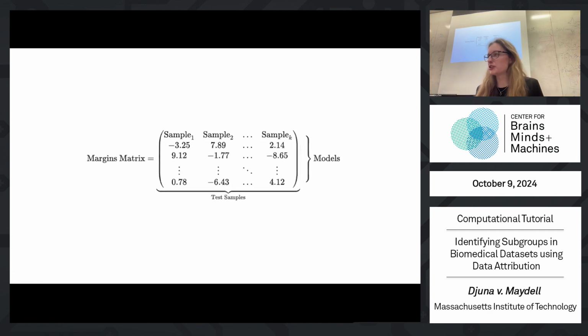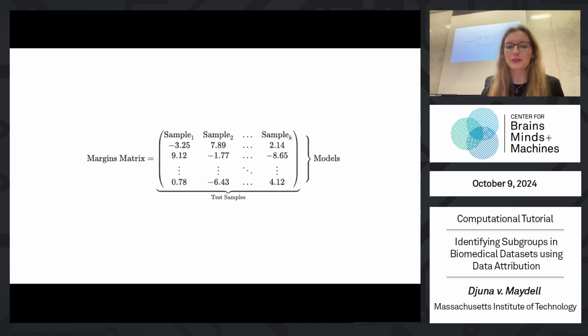Next, we have our margins matrix. So again, the margins indicate how confident the model is, how far the margin to that decision boundary is. And again, we have our models in the rows, or however you want to do it. But this, we have our test samples. So whatever the models never saw, and essentially our confidence is for every single model on every single held out test sample.